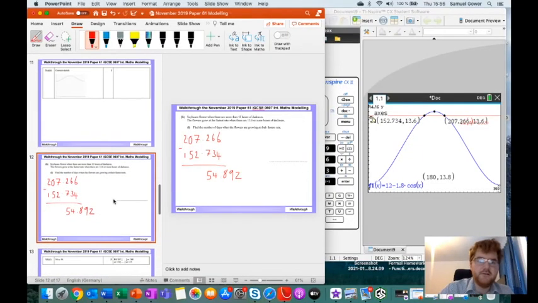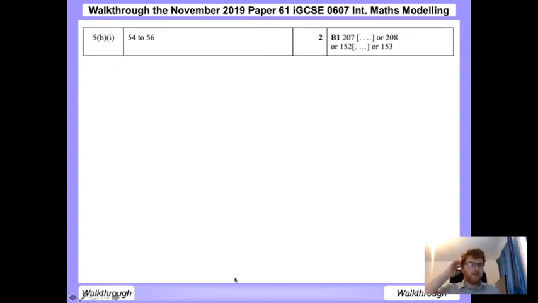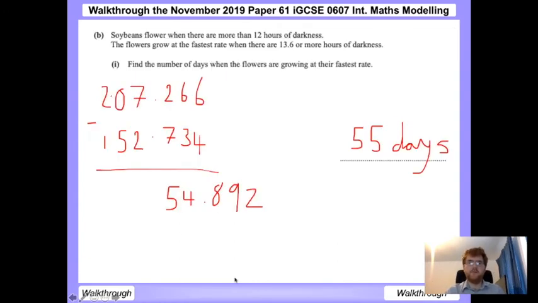Okay, and as long as you write something within the range of 54 to 56, I'm going to round this up to 55 days. Okay, and there's our answer. So 55 days. So in this case, it's looking for the range between the two intersection points. Okay, and you can see you get method mark for writing down these two values as well from your GDC.